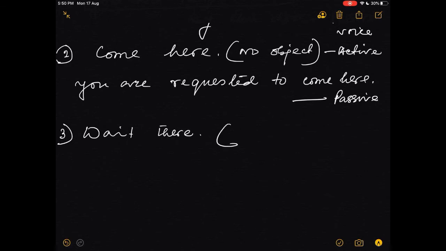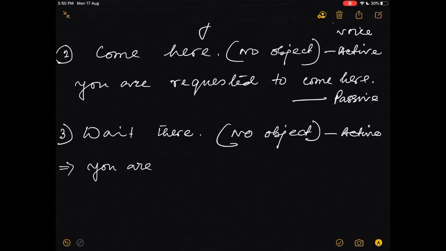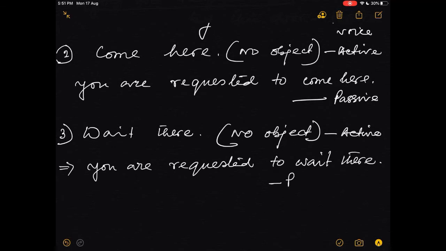This is also an imperative sentence but no object. Okay, this is an active voice. Now use the second syntax, then you will get: you are requested to wait there. This is the passive voice.